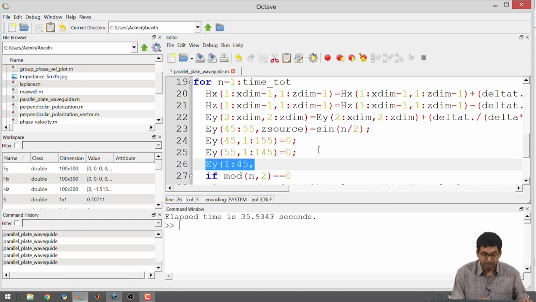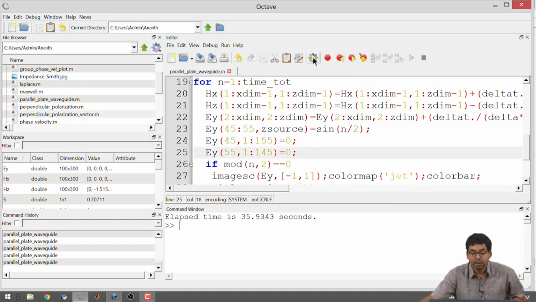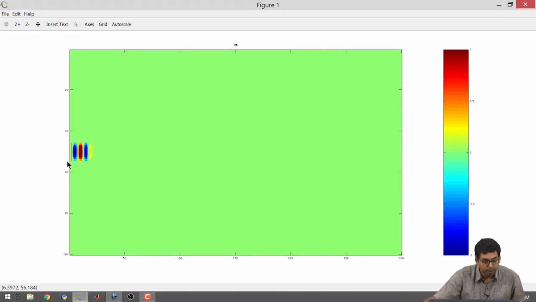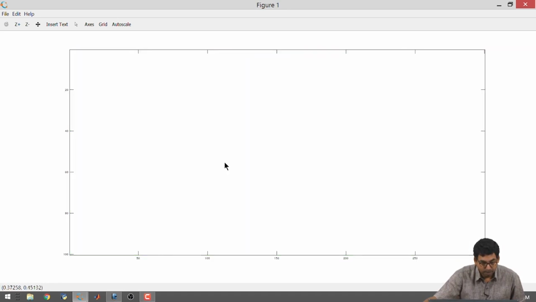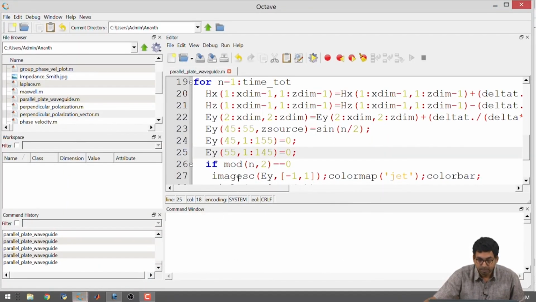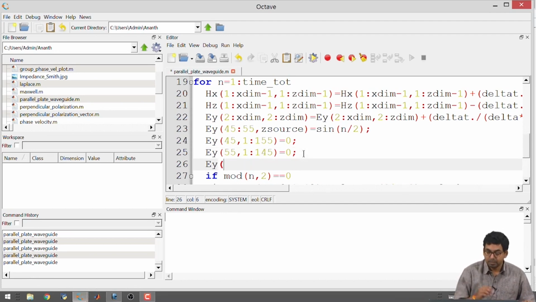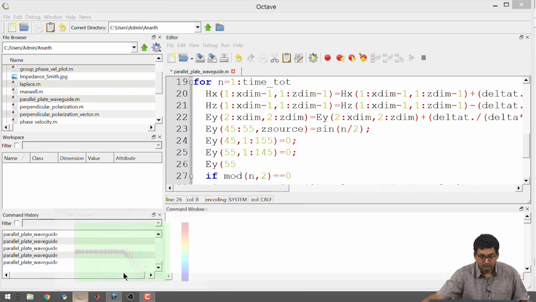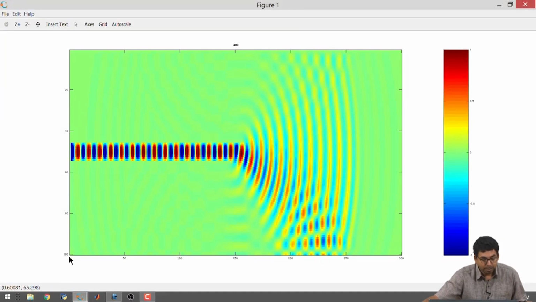I think it's easier for me if I note down the coordinates. Let me just run this briefly, just note down the coordinates where I want 55, 145. Okay. So I'm having 55 to 100.